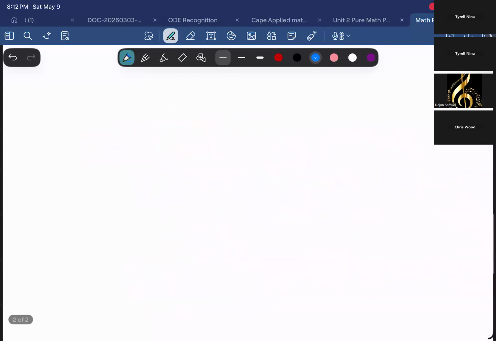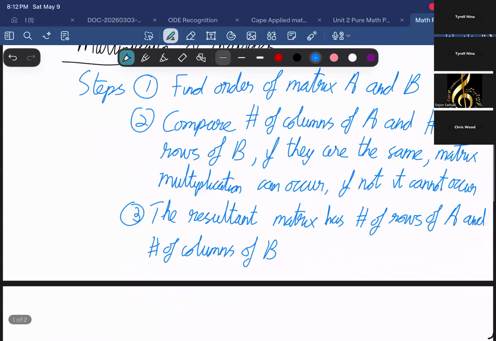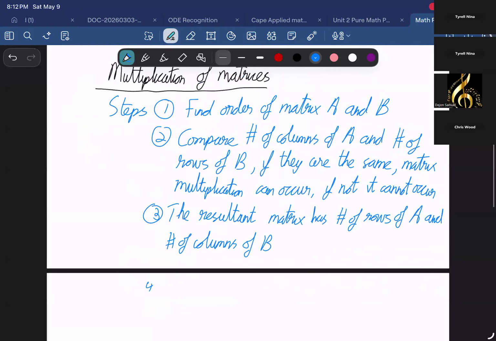And step 4, multiply corresponding elements and add. Right, so this is how we multiply matrices.